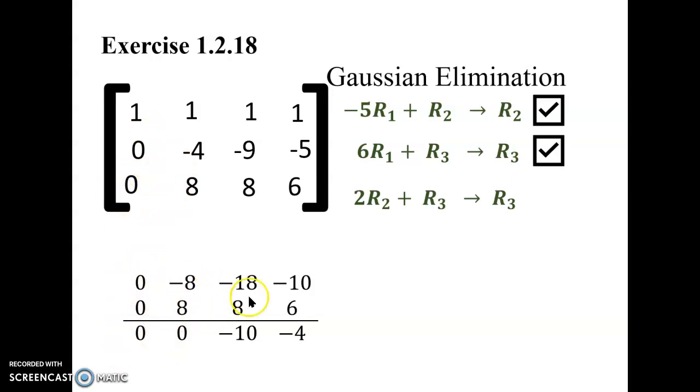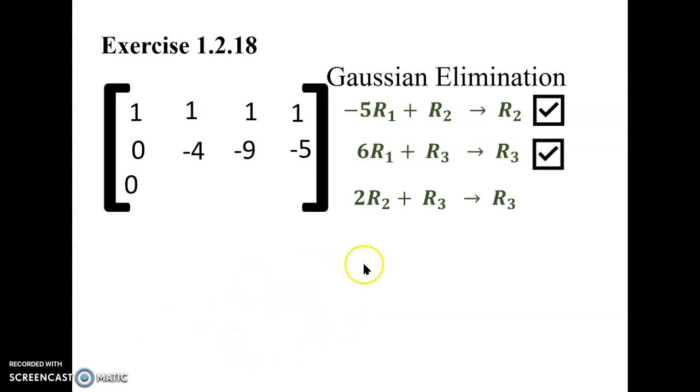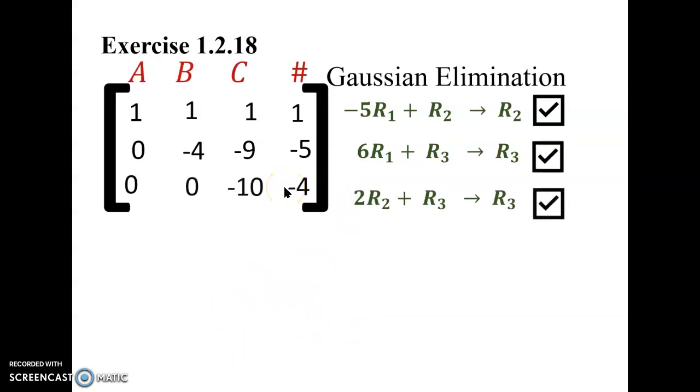So -8, -18, -10, and that's going to feed right into there. Now, you can keep going and make this a 1 with fractions and this a 1 with fractions. I'm personally happy right here because I can solve and not have to worry about 9s and 5s.